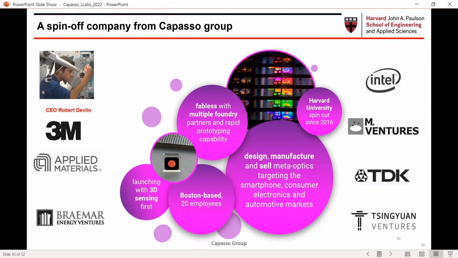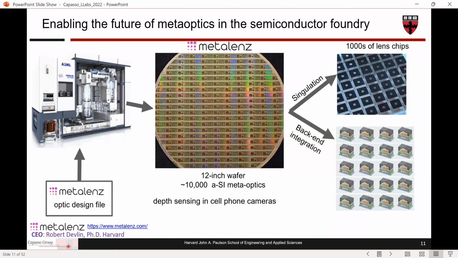We now went to a round B of investment. These are some of our strategic investors like Intel, 3M, Applied Materials, and so forth. So this shows an existence proof.